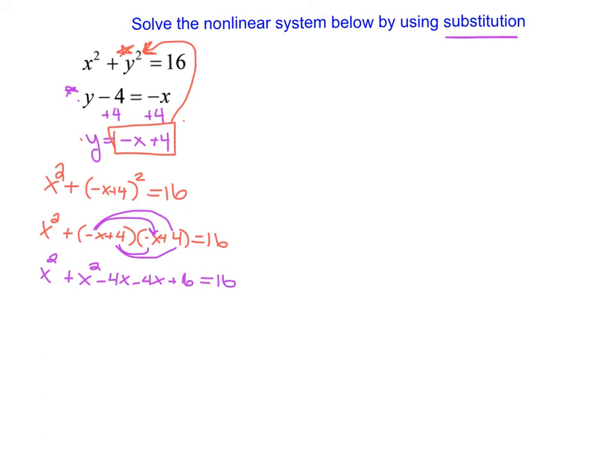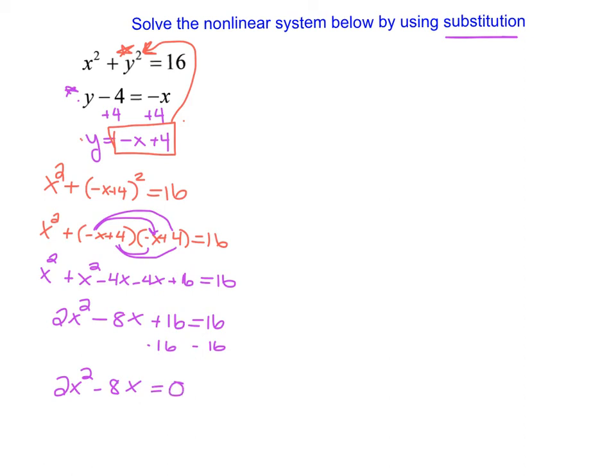So then if I continue to simplify this, I end up with 2x squared minus 8x plus 16 equals 16. I then subtract 16 from each side, and I end up with 2x squared minus 8x is equal to 0.